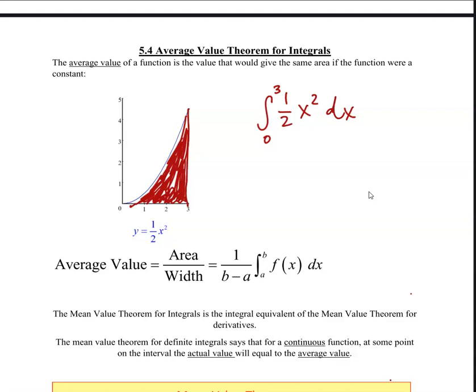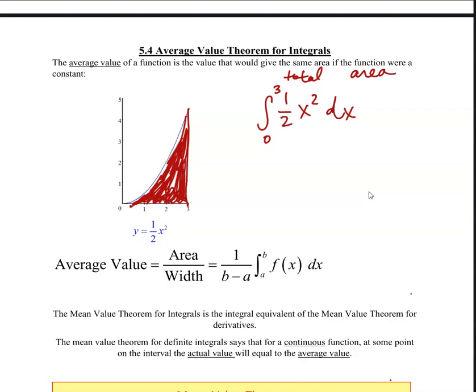Okay, well, think about kind of like how you would do an average in your stats class, for example. You would take the total, you would add everything up, and you would divide by however many items were in your data set, right? It's the same idea. So this is the total area under the curve, right? We know that.